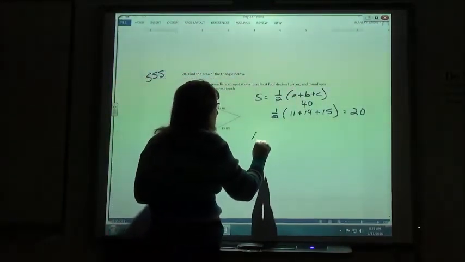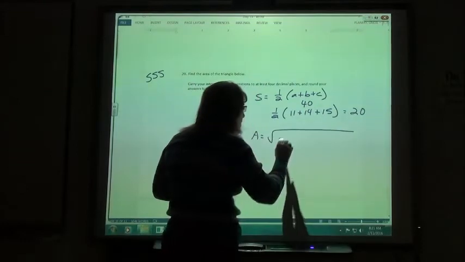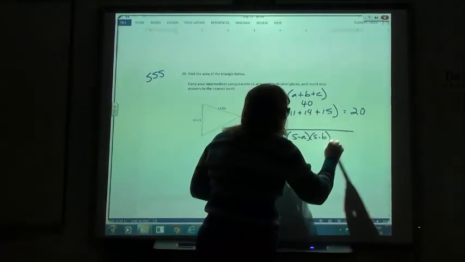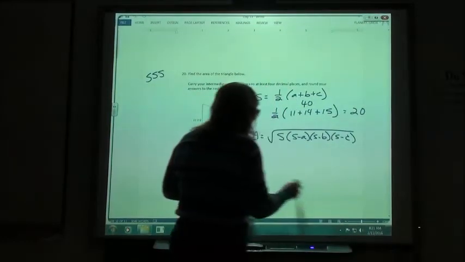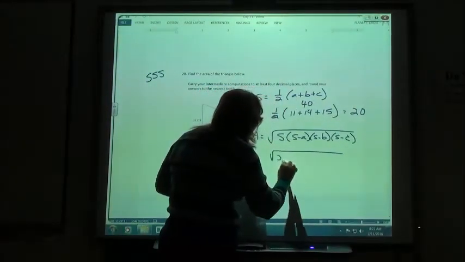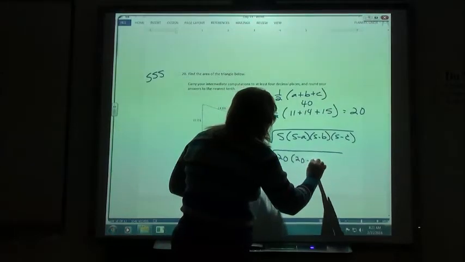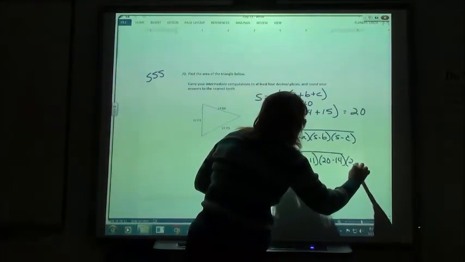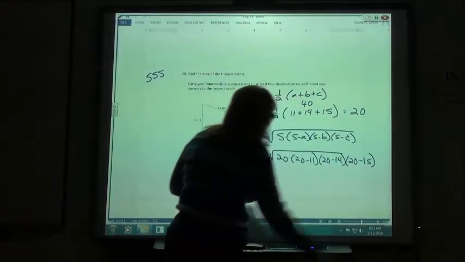Then I'm going to find the area by taking the square root of S, S minus A, S minus B, and S minus C. So I'm going to do the square root of 20, 20 minus 11, 20 minus 14, and 20 minus 15.